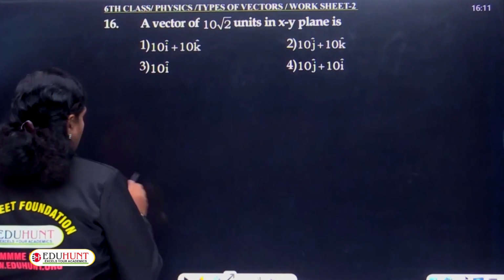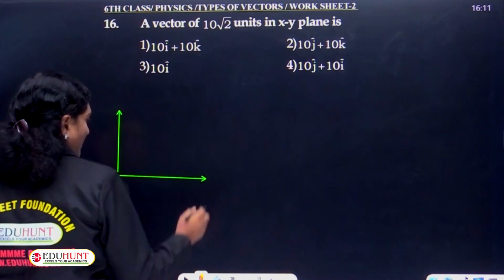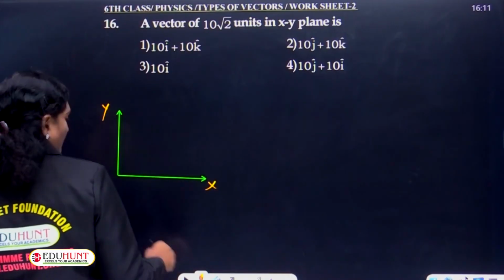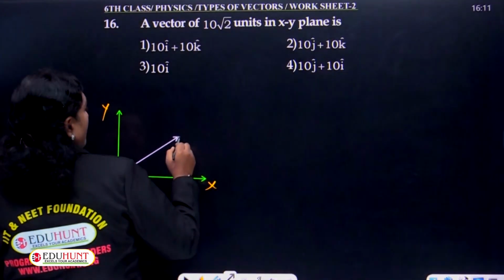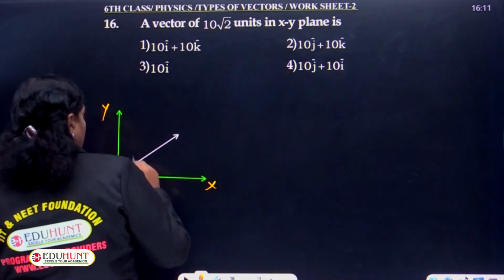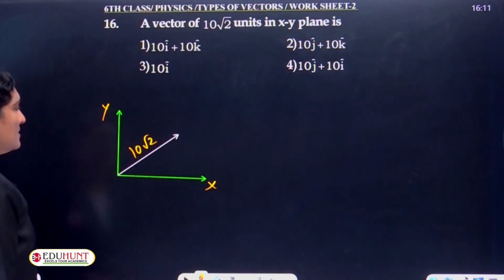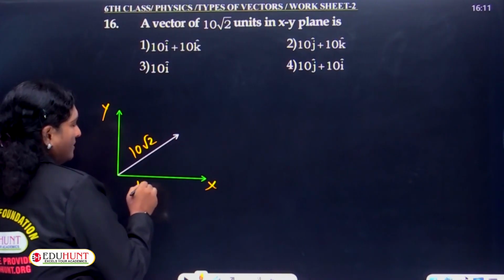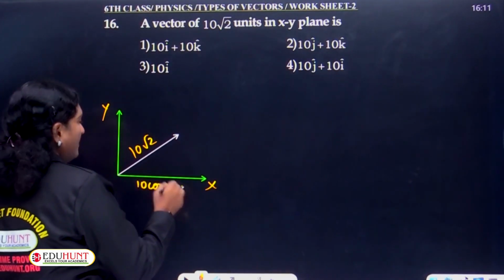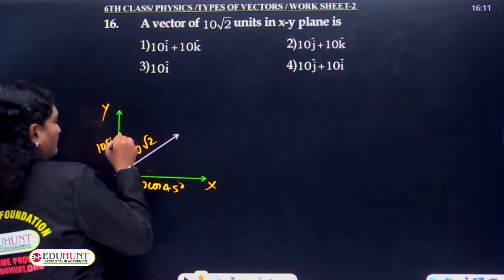Now to the 16th one, a vector 10 root 2 units in the xy plane is. We have already solved this. One is the x-axis and the other is the y-axis, and it was given that this vector has a value of 10 root 2 in the xy plane. So this can be resolved into two components, one is 10 cos 45, the other is 10 sin 45.